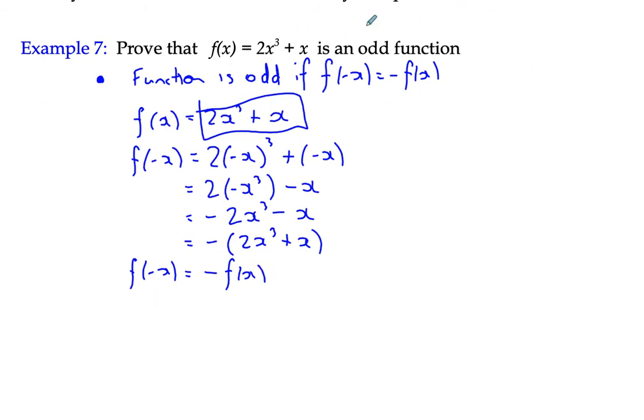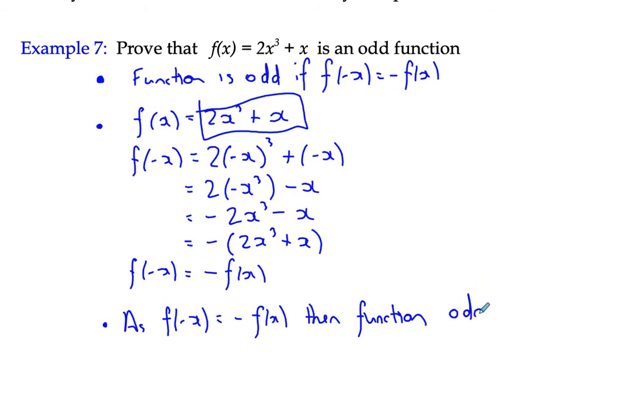That's what I defined at the beginning as an odd function, so that's me done my proof. Conclusion: as f of negative x is equal to negative f of x, then the function is indeed odd. And if you notice, when we wrote it down, we've got x to the power 3 and x to the power 1. We've only got odd exponents there in the function.